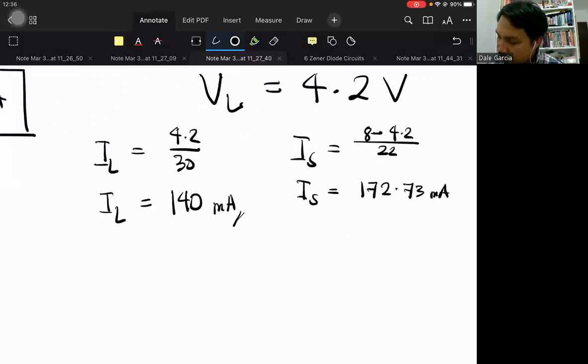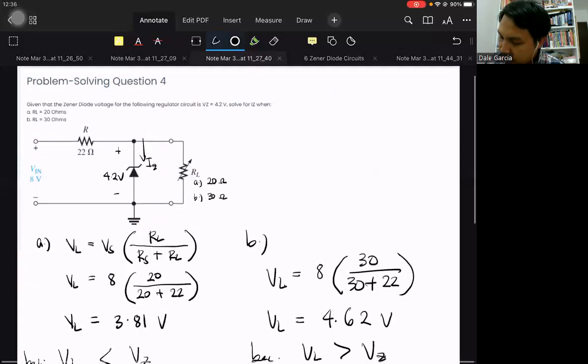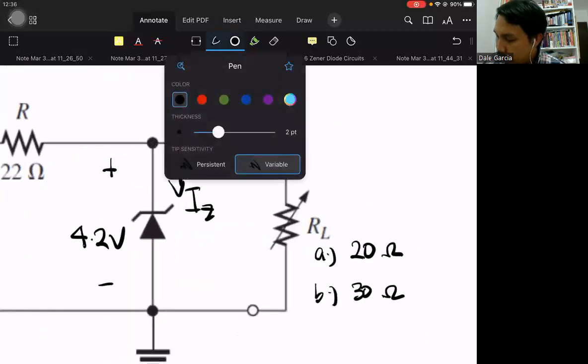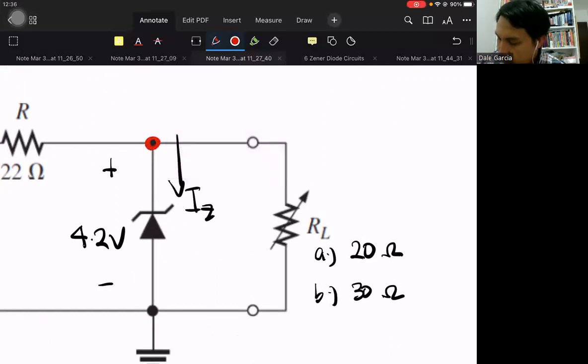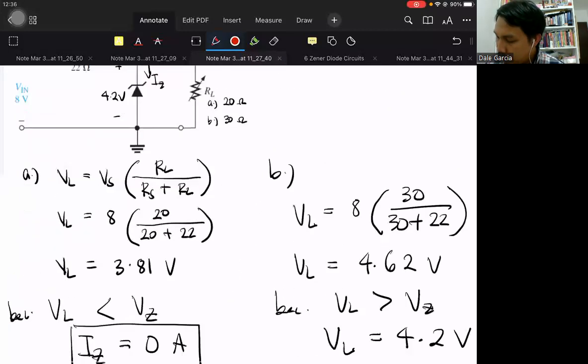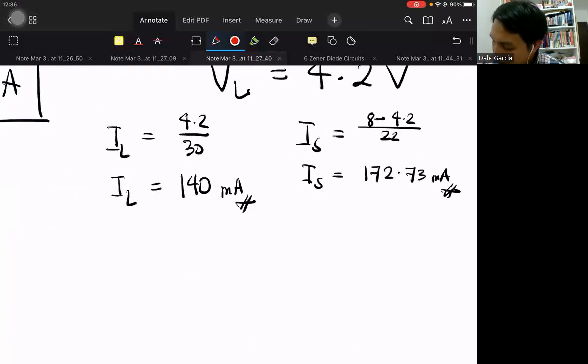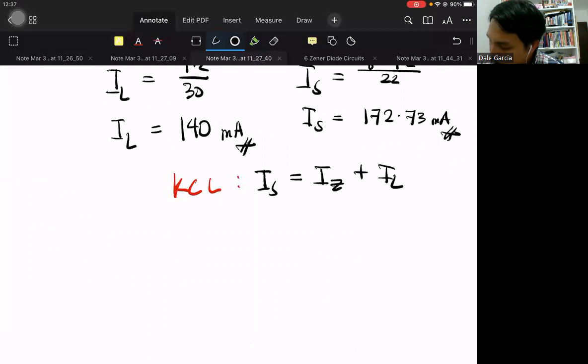Meaning we could get IZ by using the KCL equation for this node. KCL to get IZ. IS is equal to IZ plus IL, or 172.73 equal to IZ plus 140.